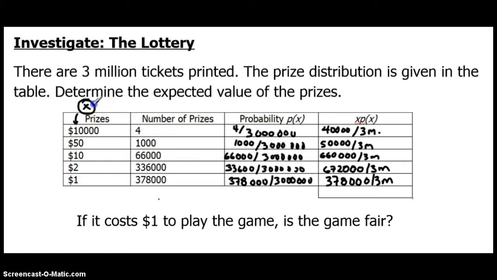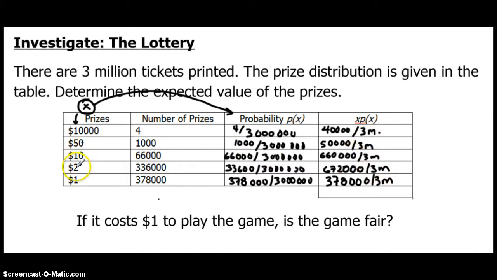So I need to multiply these two columns together. So $10,000 times 4 out of 3 million, which is 40,000 over 3 million. $50 times 1,000 over 3 million, so 50,000 over 3 million. So again, I've short-formed my 3 million to 3M.